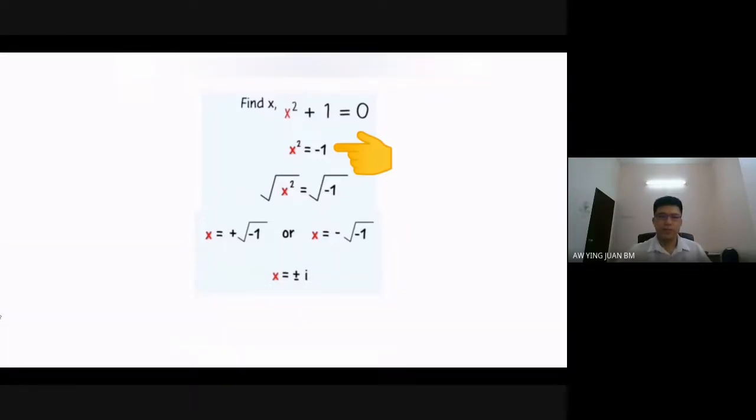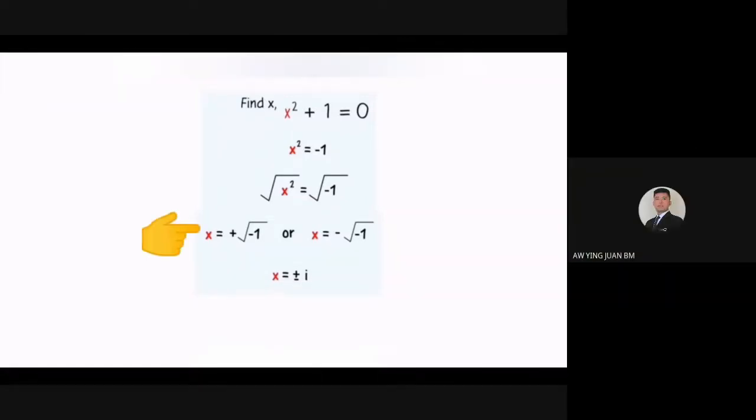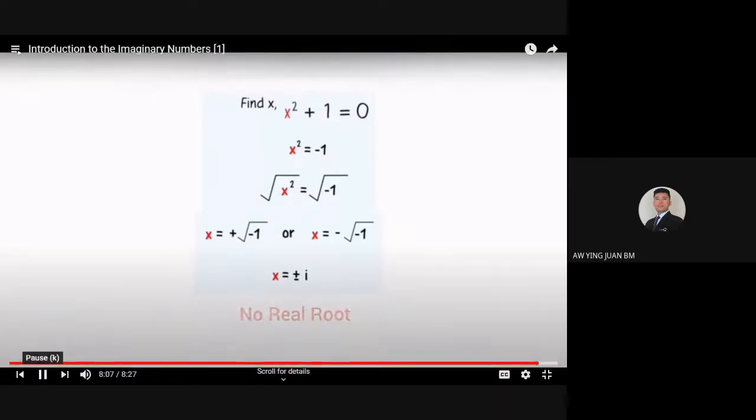Taking the square root on both sides, we get x equals square root of negative 1, or x equals negative square root of negative 1. That is i and negative i. So, what we learned in school wasn't incorrect. The equation has no real root.